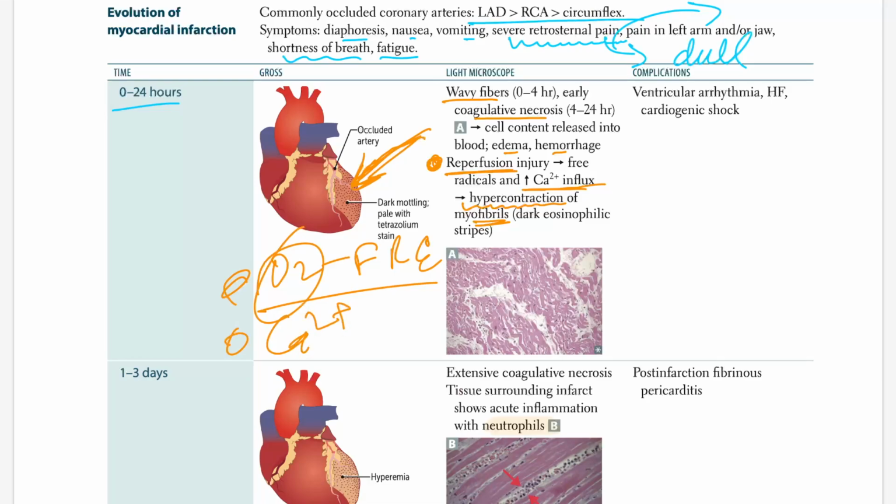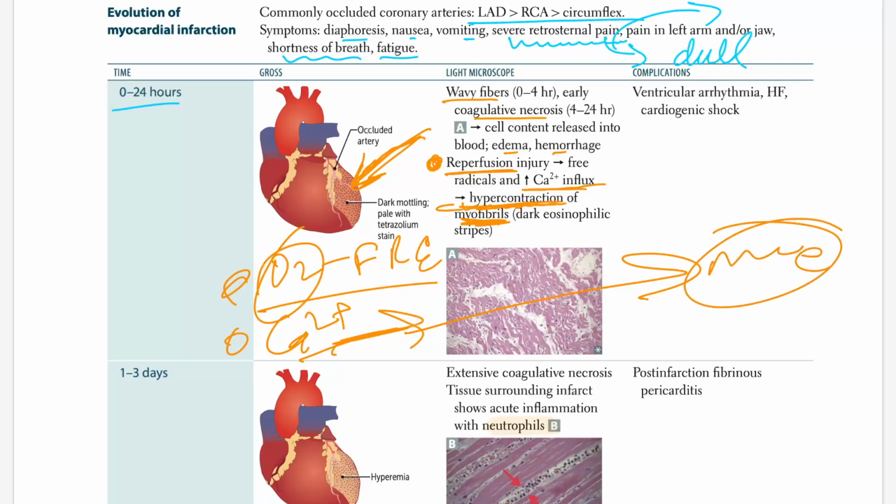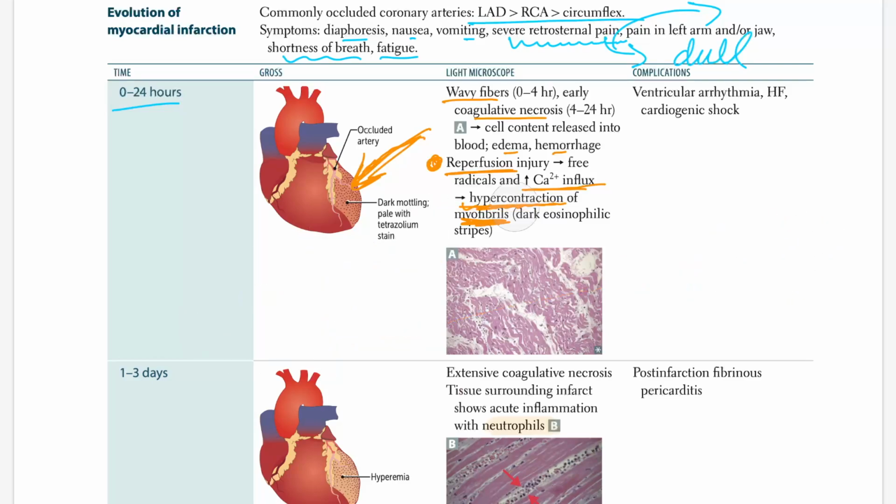Calcium is the activator for all the rest of the enzymes. So when the calcium comes back, first of all, it causes contraction of those myofibrils, and it also activates more enzymes, which leads to more destruction. So that's the reperfusion injury.